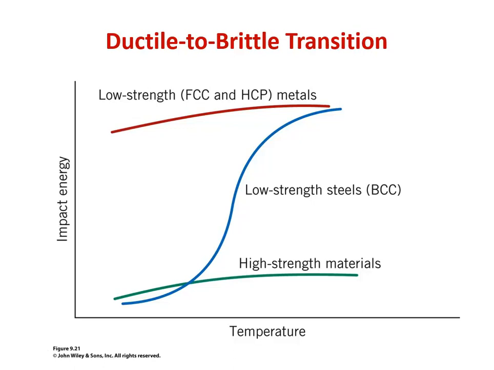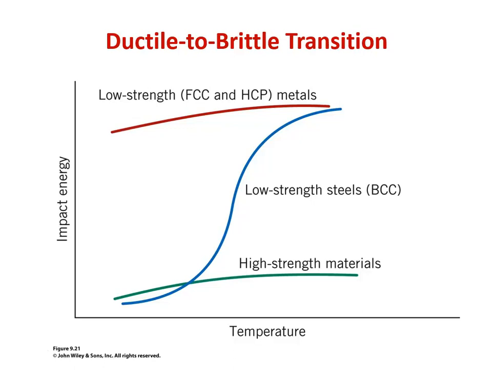Those tend to stay reasonably high over a wide range of temperatures. Your higher strength materials, heat-treated steels, some of our more brittle composites, ceramics for instance, are going to be low at any temperature. That's not surprising. That's what we would expect just from general fracture behavior.